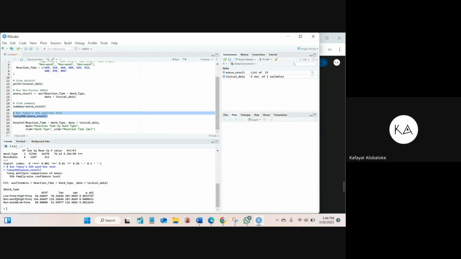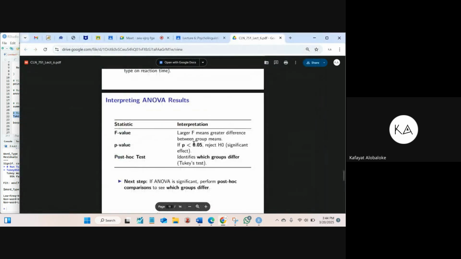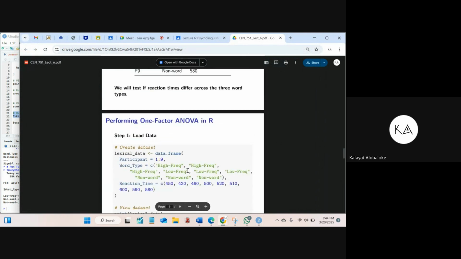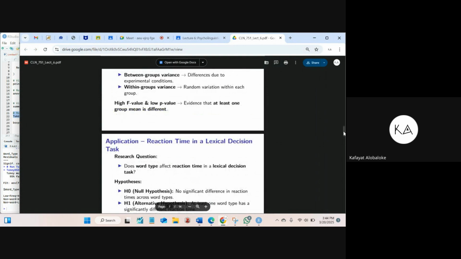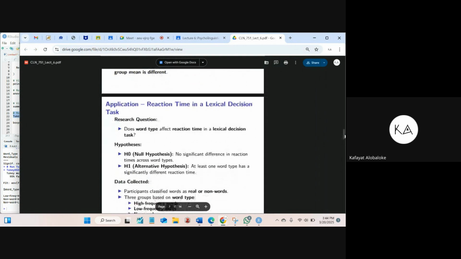What does this mean? Let's go back to our hypothesis. Our hypothesis tells us that at least one word type has a significantly different reaction time. Since we reject the null hypothesis already, in this case, the non-word type has a significantly higher reaction time.